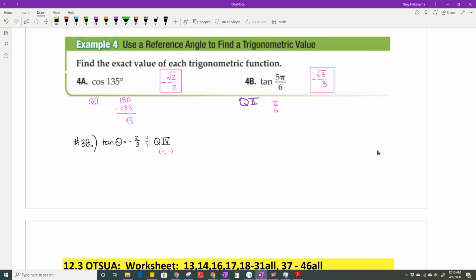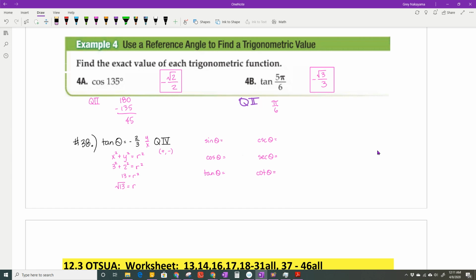But what that tells me is that my sine, or my y coordinate, is negative in this case. So I still need to find r. So I'm going to come down here and say x squared plus y squared equals r squared. I'm going to plug in my values, find out that r squared equals 13 and r equals the square root of 13.